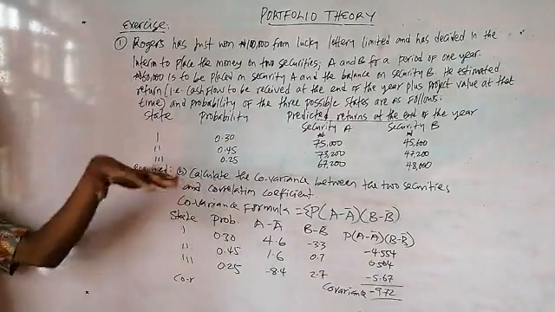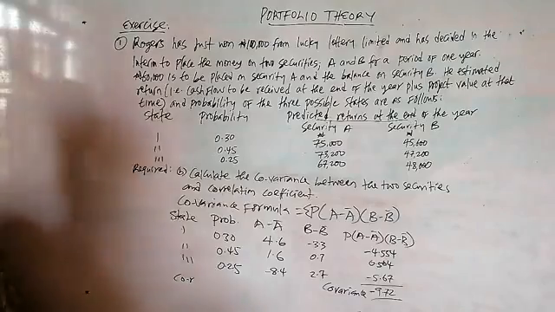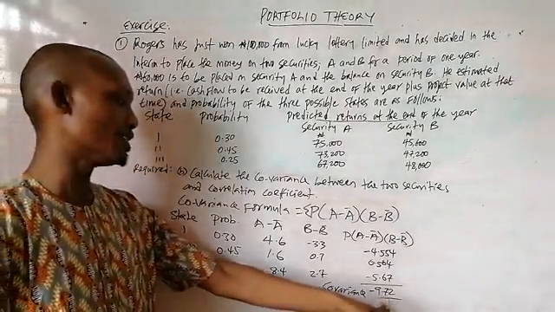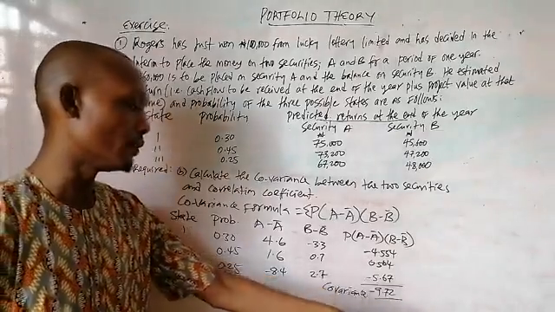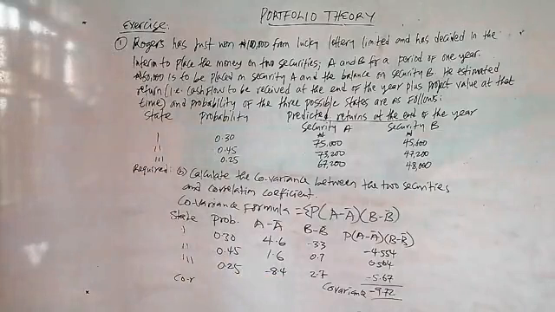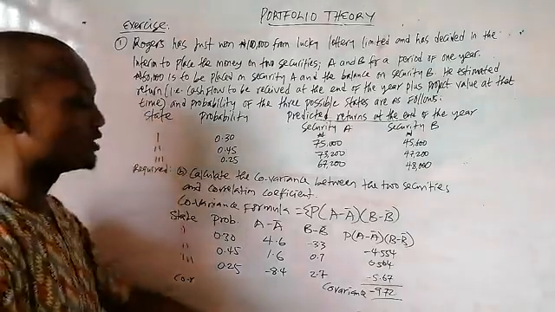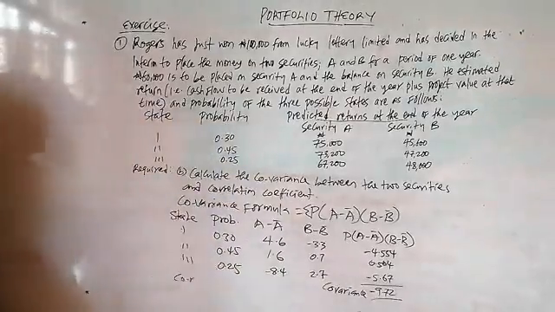One is moving towards one side, another towards the other side. If you have computed a negative covariance, definitely the correlation coefficient will also be negative. A positive covariance is going to give you a positive correlation coefficient, while a negative covariance will give you a negative correlation coefficient.